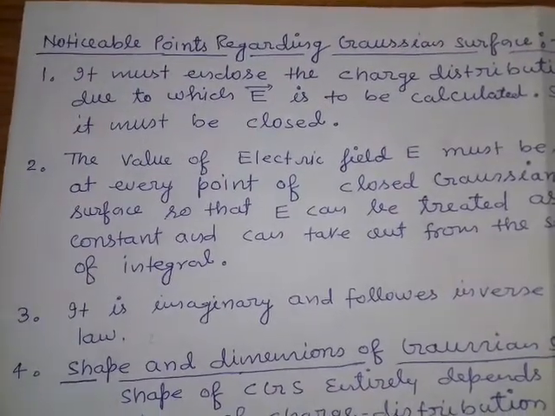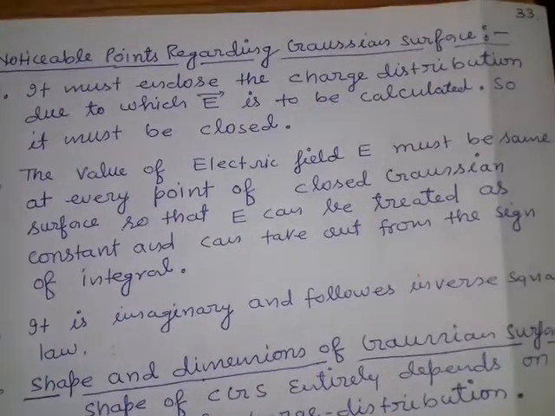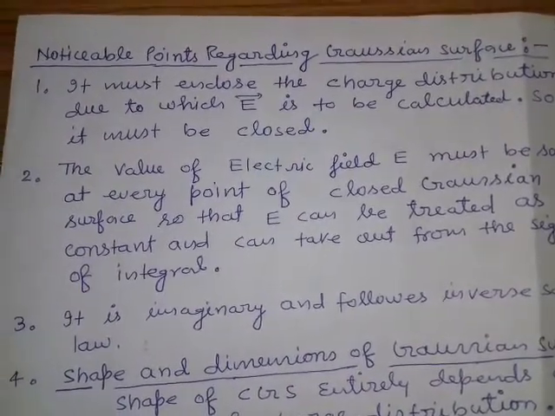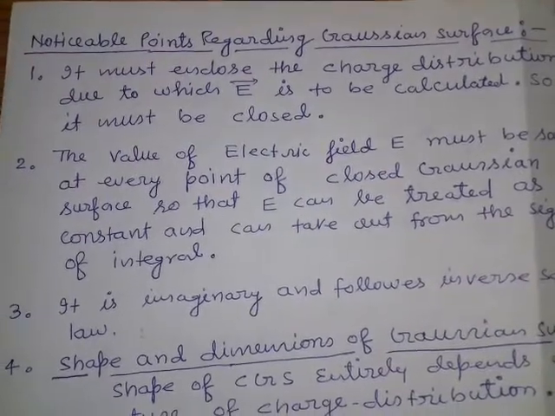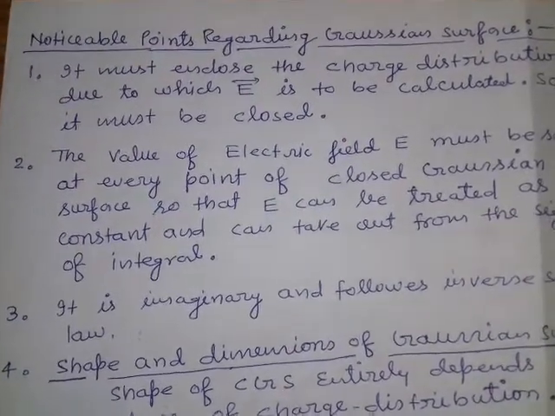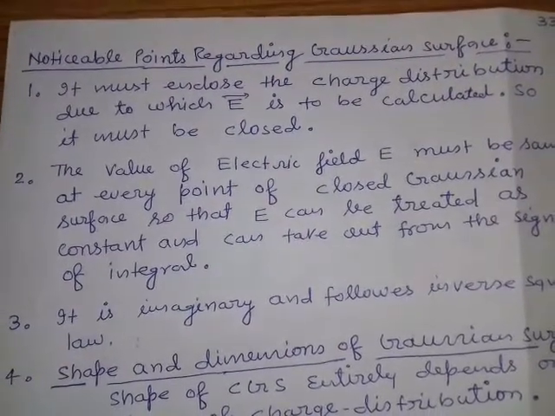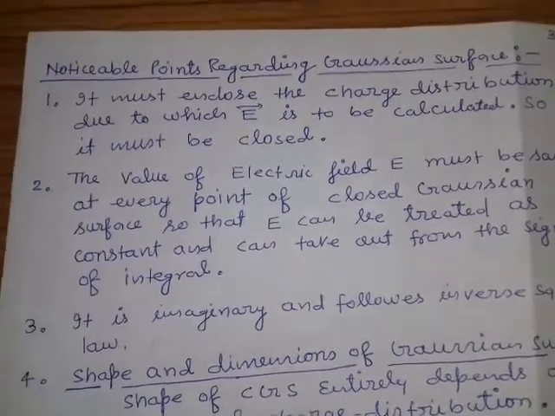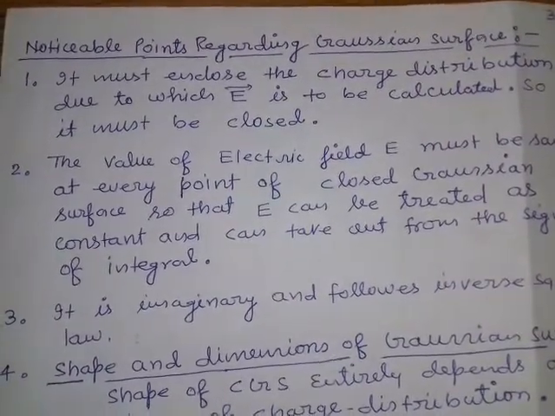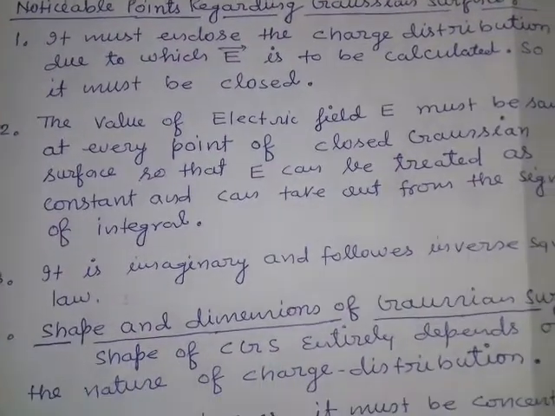It must be closed by a Gaussian surface. It means if you know the value of electric field due to some source charge distribution using Gauss theorem, in that case, first of all, you will try to enclose that charge with a Gaussian surface. So Gaussian surface must be closed. This is the first property.